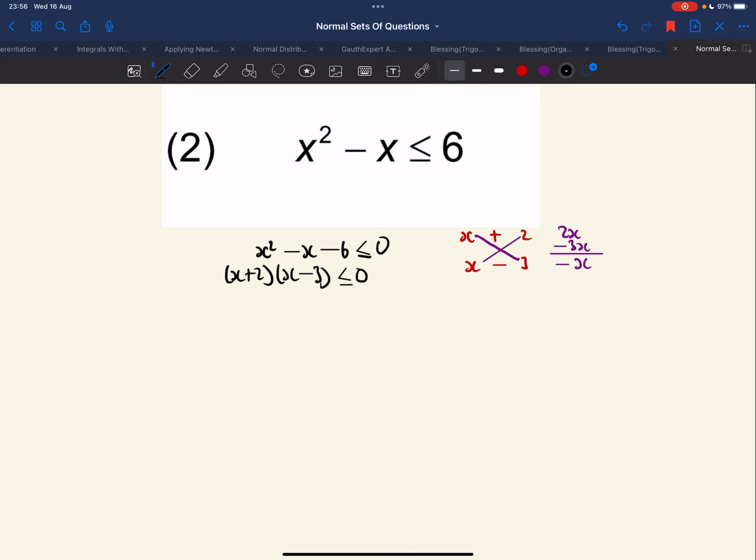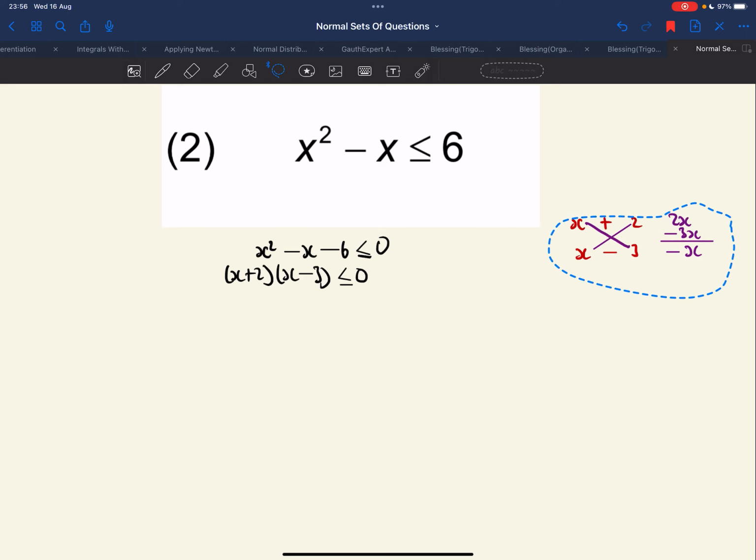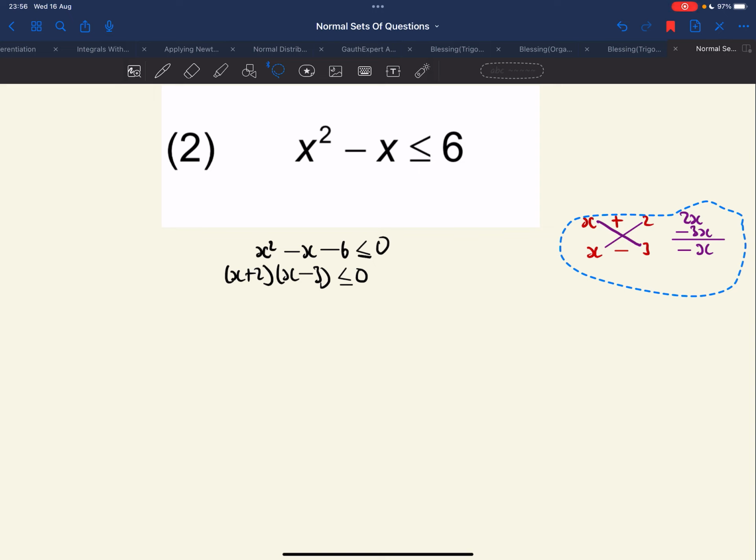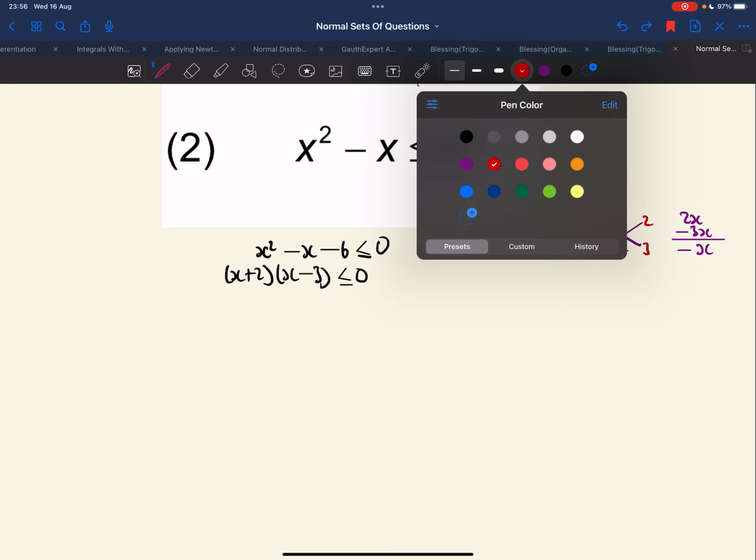All right, the first thing that you can do is use a rough sketch of the parabola, because this is a parabola. In terms of graphs, whenever we're dealing with functions, we call this a parabola. So you can draw a rough sketch of it. Let me use a different color, let me just use green.